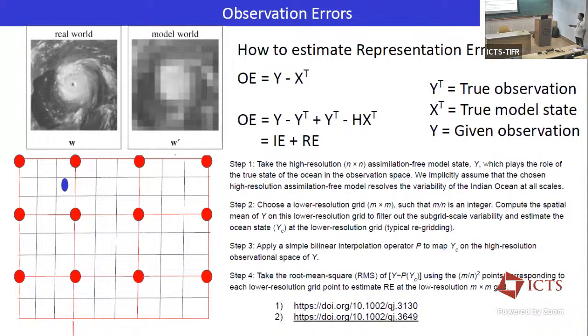And xt is the true model state, not the analysis, not the background, nothing, it's the true model state. And h is your operator that projects your true model state into the observation space. So this one is your instrumentation error and this one is your representation error.